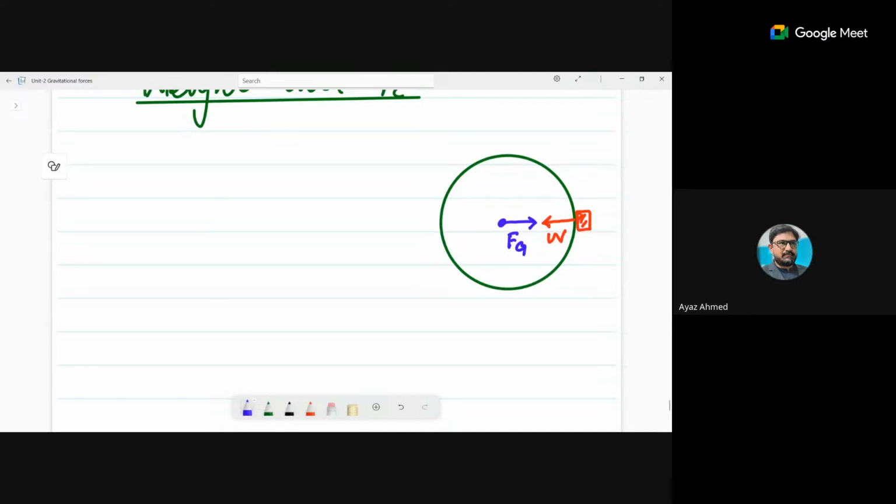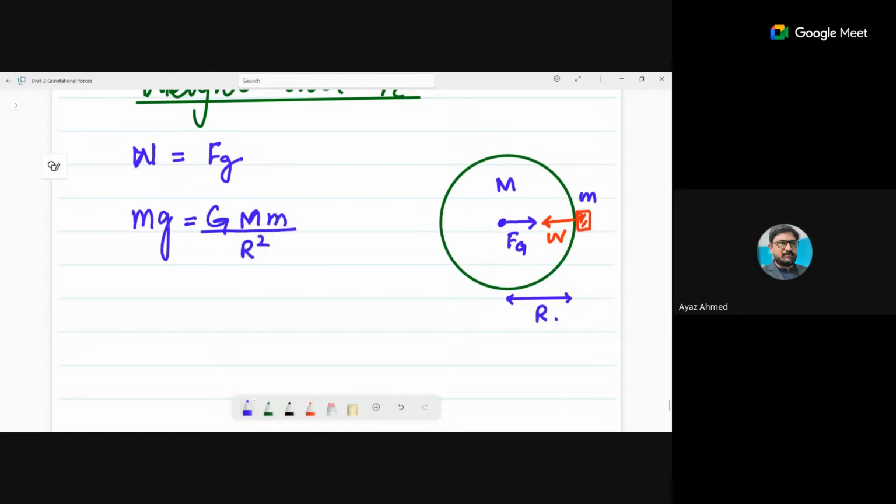Its mass is m, the earth's mass is capital M, and the distance between them is r. So its weight is equal to Fg, or I can simply say that mg is equal to GMm divided by r squared.